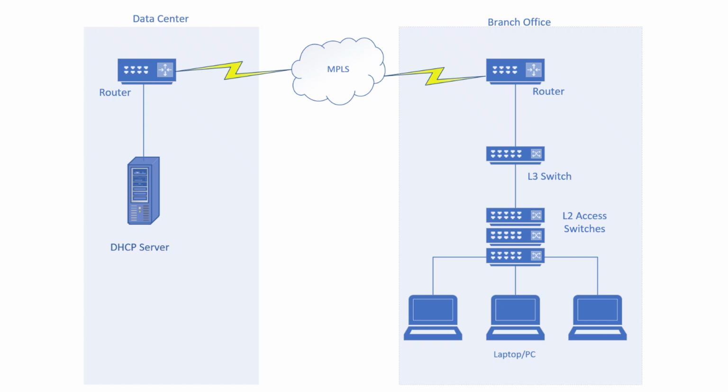Under normal conditions, the Discover goes up, the DC server responds with an Offer, and the client gets its IP address through the DHCP relay. That's how this network is supposed to function.